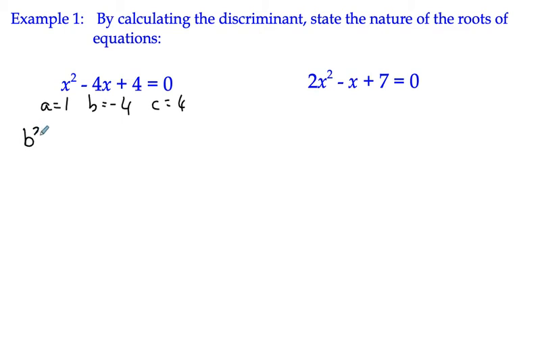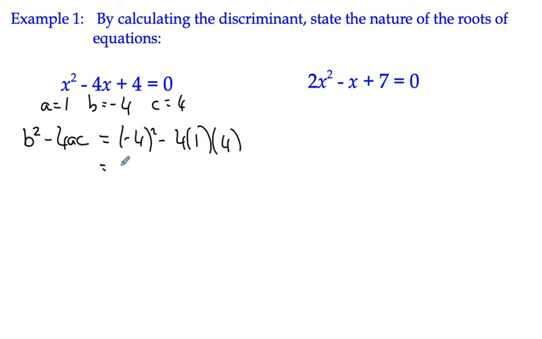And all we want to do is to work out the b squared minus 4ac bit. So what is that? B squared is negative 4 squared minus 4 times 1, which you could put in brackets, 4 times 1 multiplied by 4.